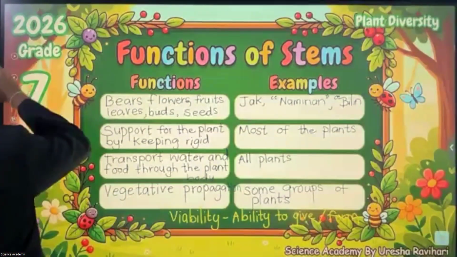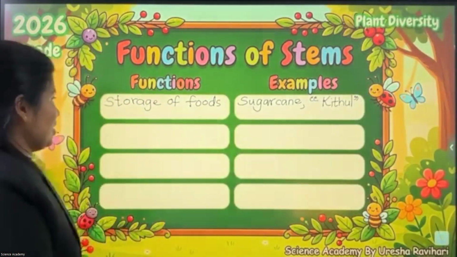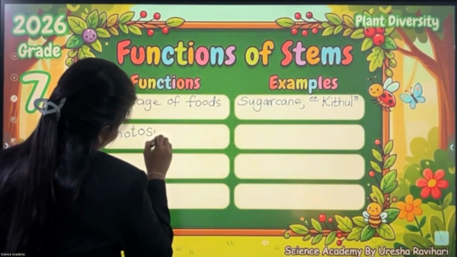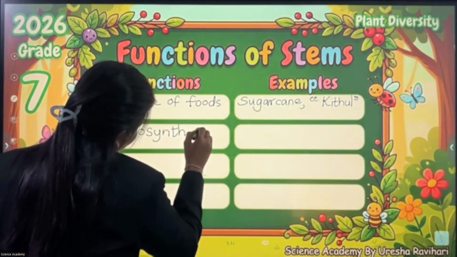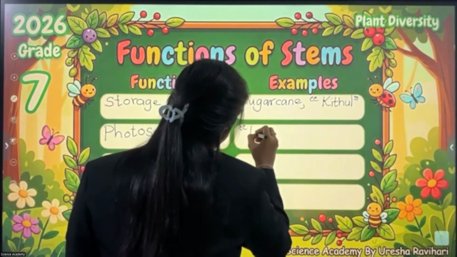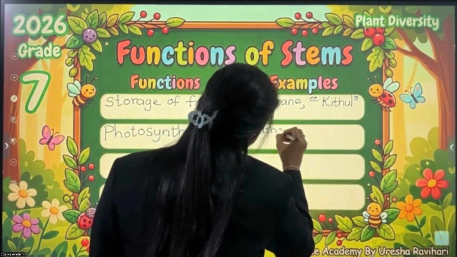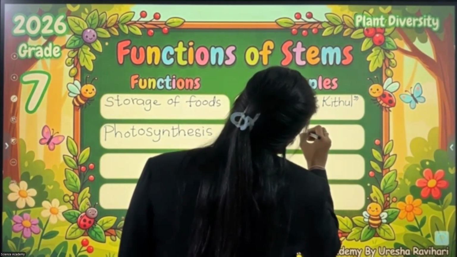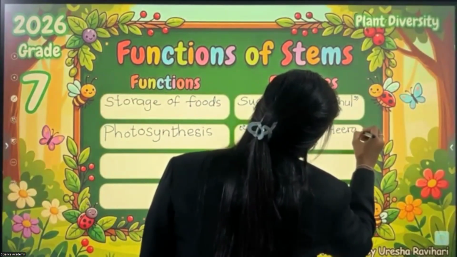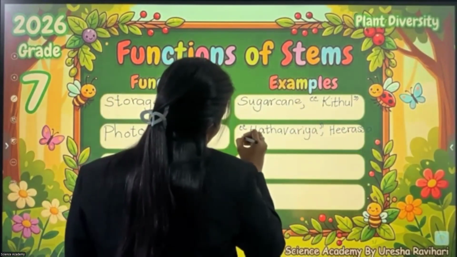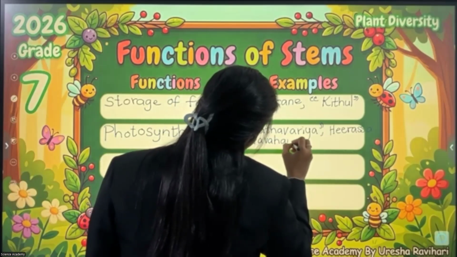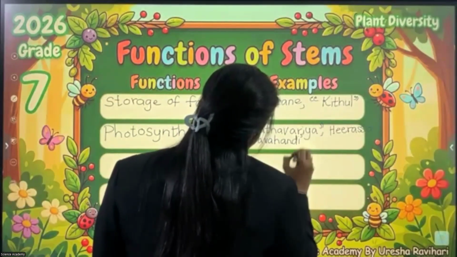Next one, photosynthesis we discuss. Here, hatha, heen binara, navahandi.